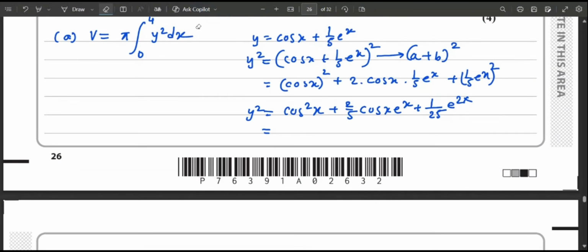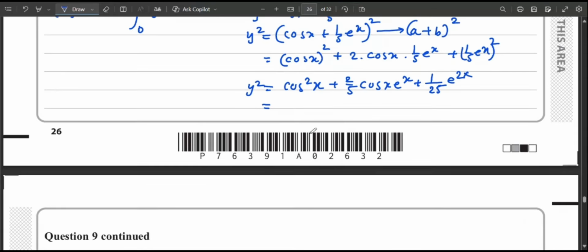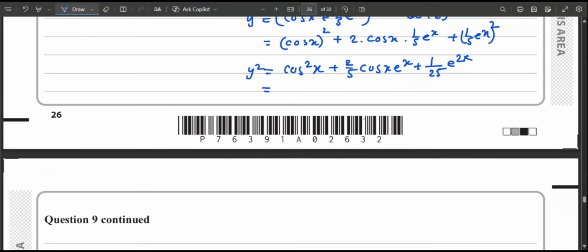To do that, I can use an identity. We know that cos 2x is equal to 2 cos square x minus 1. We know this from the identity of cos 2x.